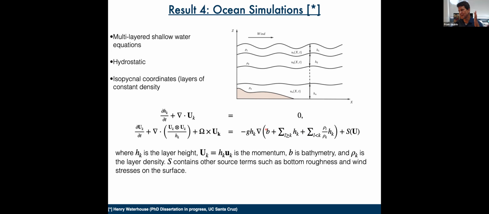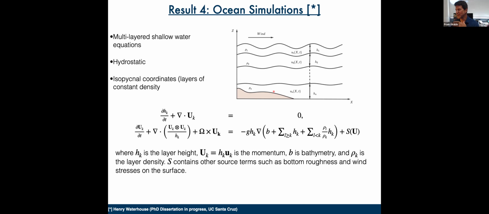What makes it a multi-layer equation is really this first term on the right-hand side of the second equation, which has things like the bathymetry B, which would be in a shallow water model, but it's this sum across layers, right? So for example, this one here would be L greater than K. If you're in this layer here, you're going from this layer all the way down. So the bottom shape of the layer is feeling what's below it, right?